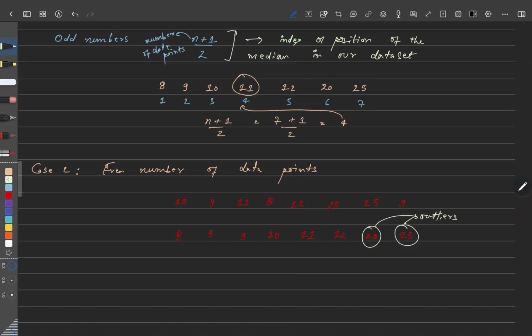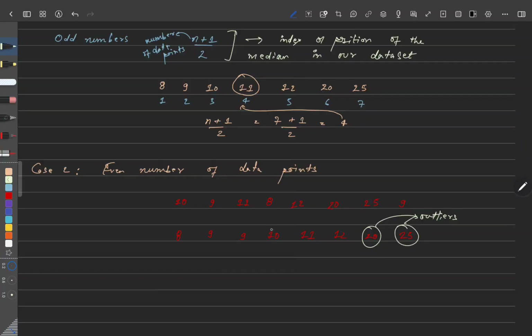How many data points do we have? One, two, three, 4, 5, 6, 7, 8. So if you divide 8 by 2, you will get the fourth position: 1, 2, 3, 4, right?